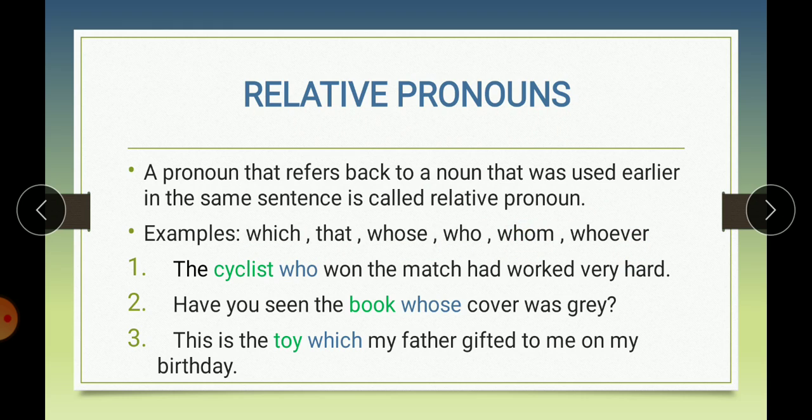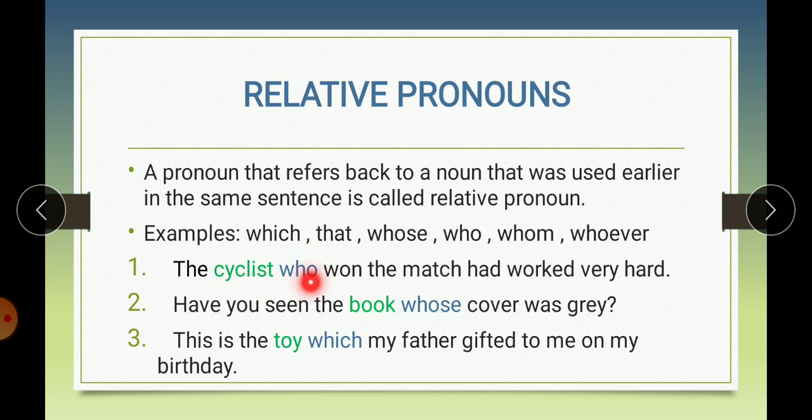Now let's try to understand it with examples. The cyclist who won the match had worked very hard. Now the cyclist is the noun and we are using who for the cyclist.